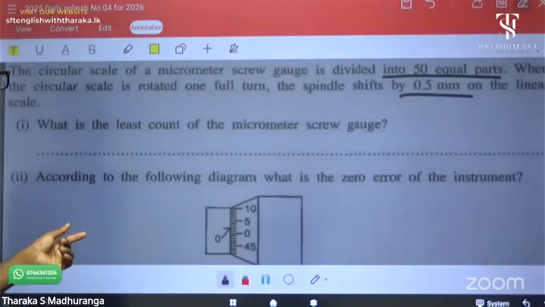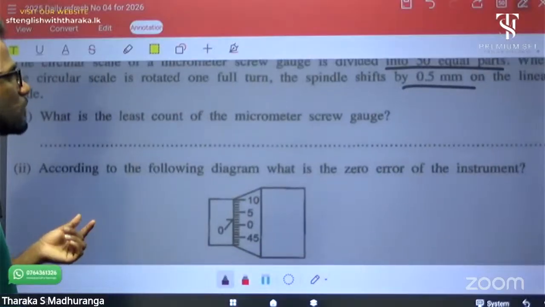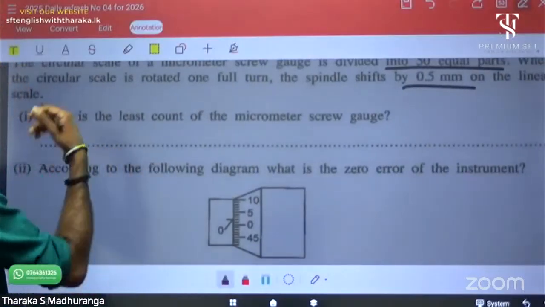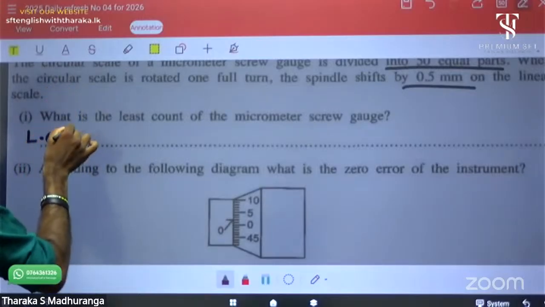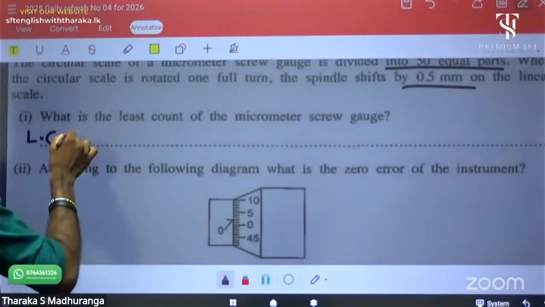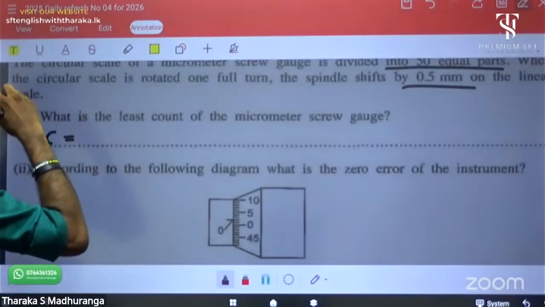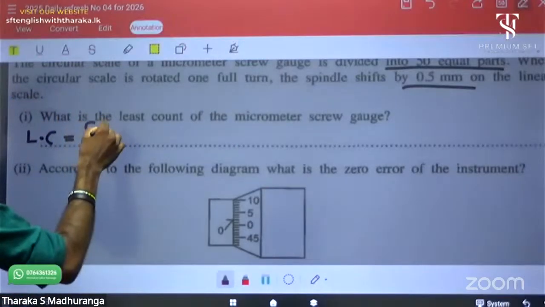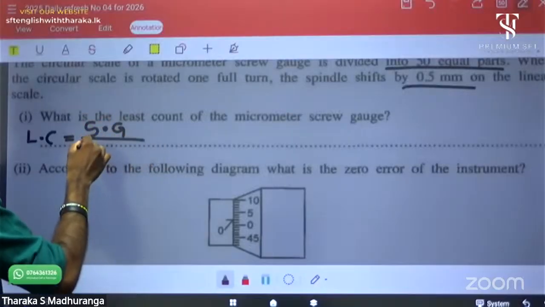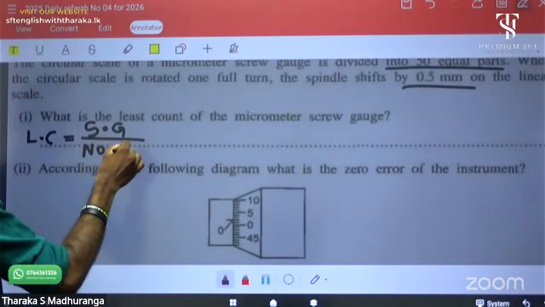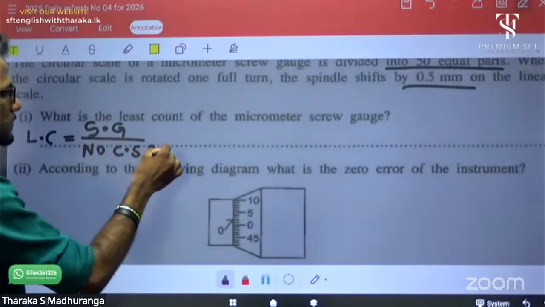On the linear scale. What is the least count of this micrometer screw gauge? Okay, this is the full answer. The least count equals, you can write the equation in short form, screw gap divided by the number of circular scale parts.